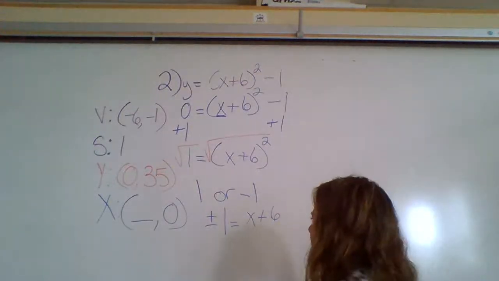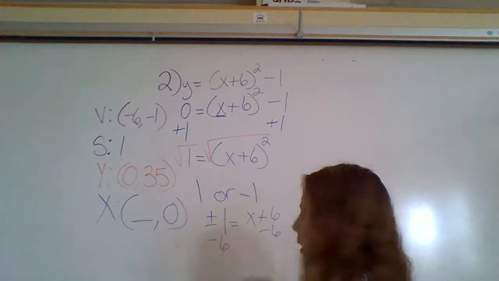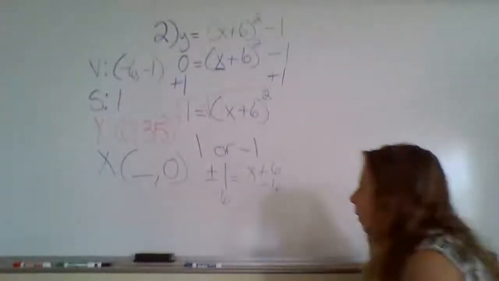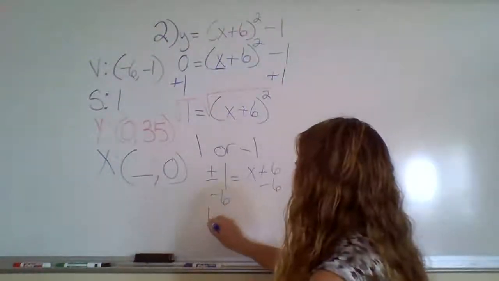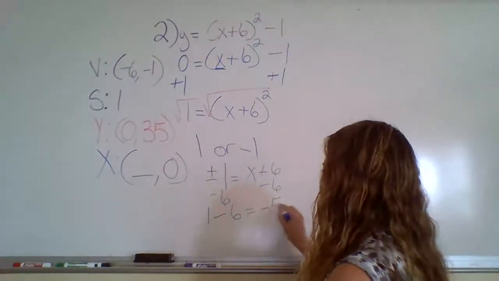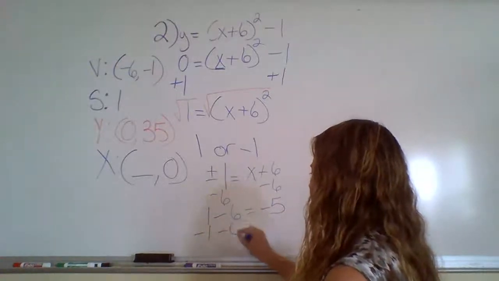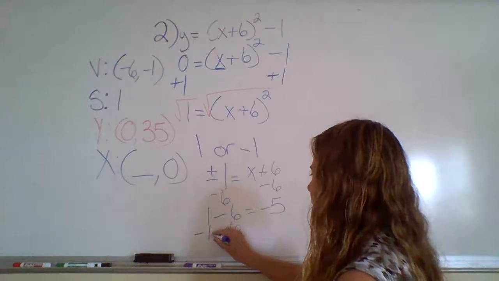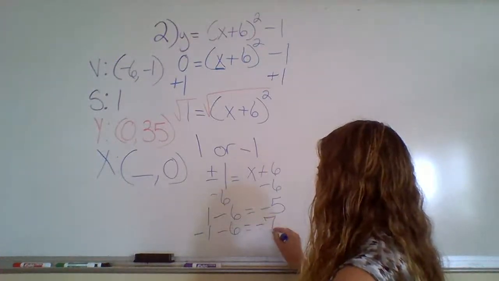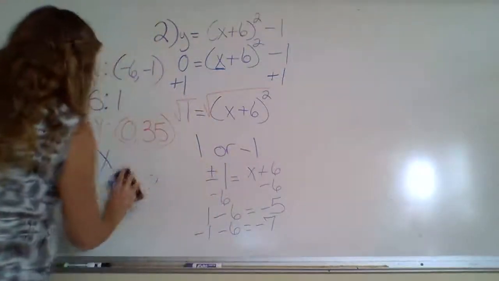Subtract 6 on both sides. Then you're going to have 1 minus 6 equals negative 5, and negative 1 minus 6. See how I'm using both a positive and a negative? Equals negative 7.